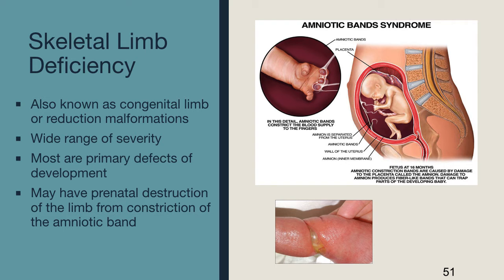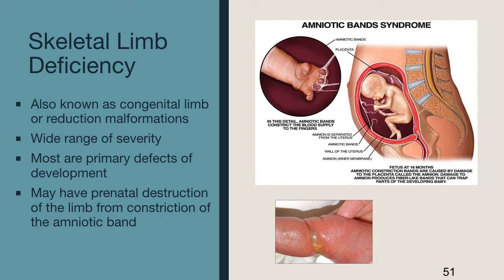So you can see in this picture how it sort of wraps around the fingers. If it happens early enough in the pregnancy, it can cause there to not be any blood flow in that area, and as a result, the area becomes necrotic and it falls off and usually gets absorbed in the amniotic fluid and you see no sign of it when the baby's born.